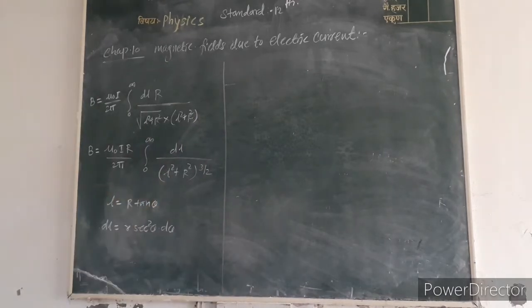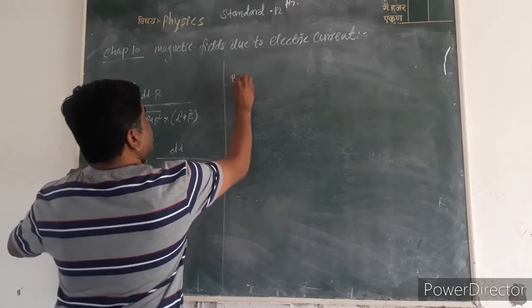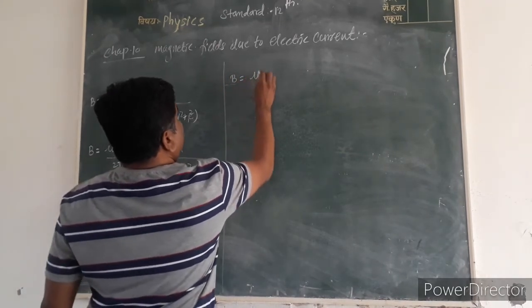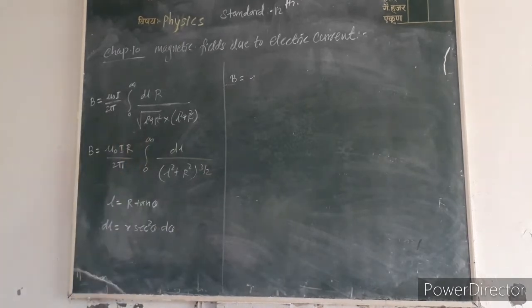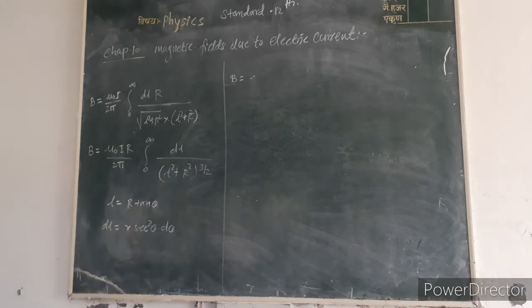Put these values in the above equation. Also, if we change L is equal to r tan theta, dl is equal to r sec square theta d theta, the limit is also changed.